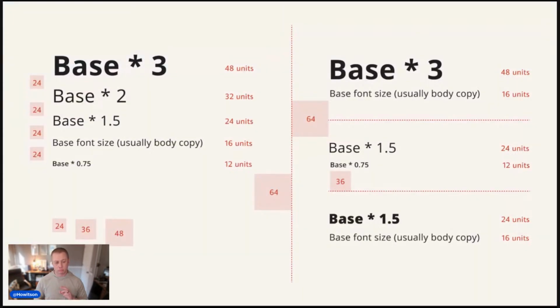If you steal this from this presentation, I think that's great. This system will in most cases help you a lot. Notice also that those units are used for both the font size as well as margins and padding for items. Okay.